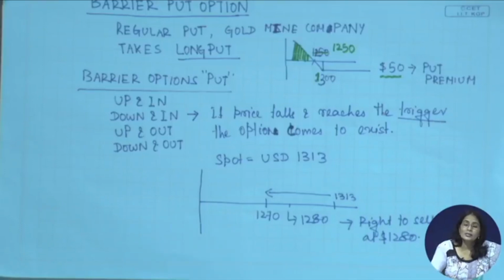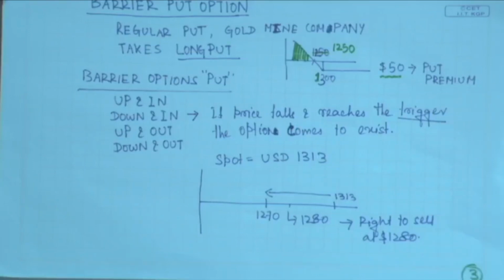Down and in means if the spot price decreases, then only the option comes into existence. Similarly, up and out means if spot price increases, the option expires. And down and out, if price falls, the option expires.